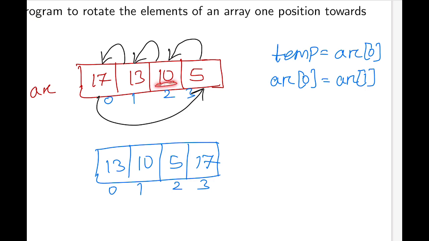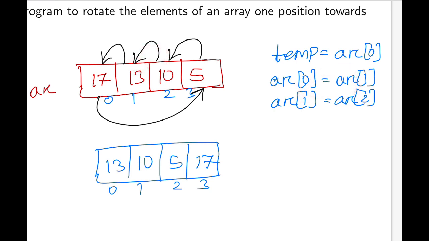Now next statement, ar[0] equal to ar[1], that means 13 is coming to here. Now similarly we can make 10 come to here. So if we write in this way, ar[1] equal to ar[2], that means the element that is present at ar[2] is coming to ar[1]. That means 10 is coming to here.